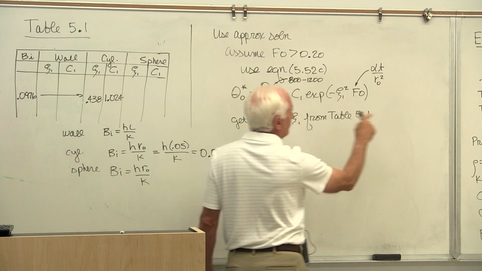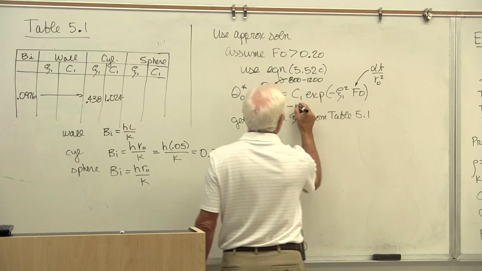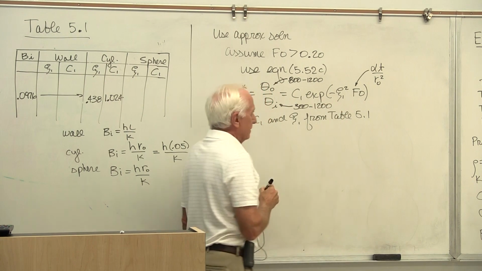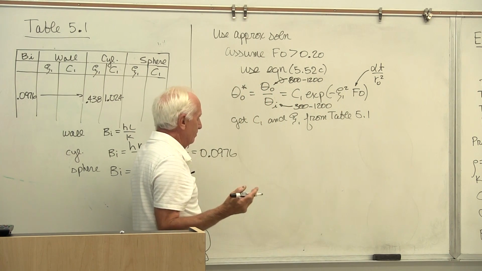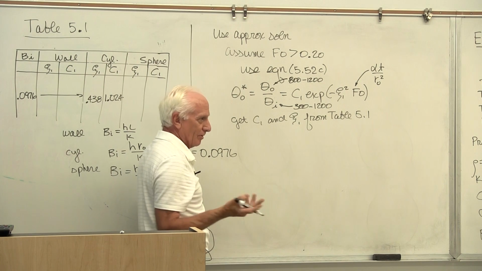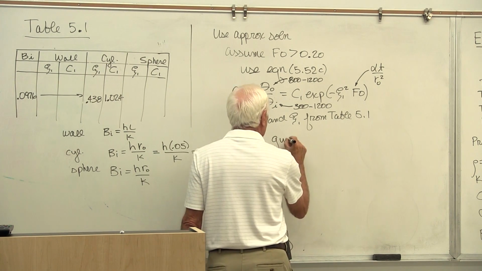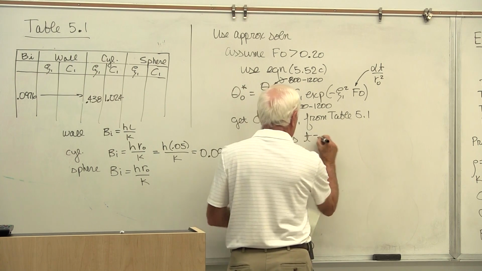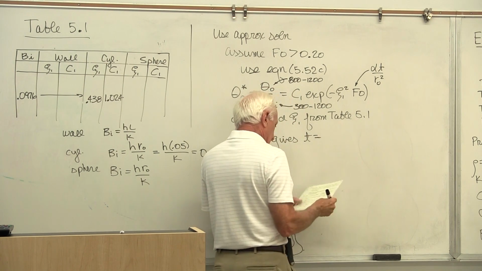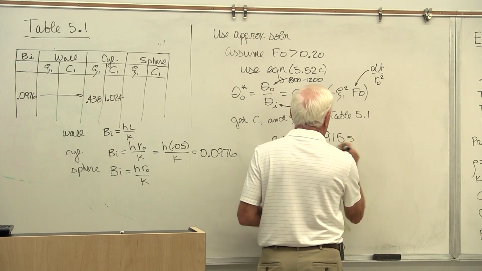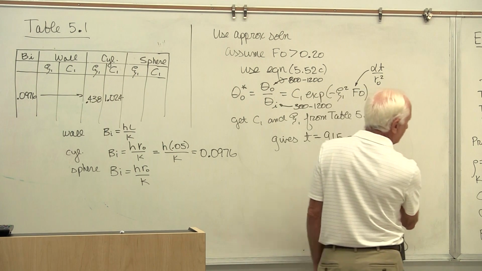Theta i, initial temperature, well that was 300 minus 1200. Put C1 in there, put zeta 1 in there, take the natural log of both sides, solve for time. Time, 915 seconds.